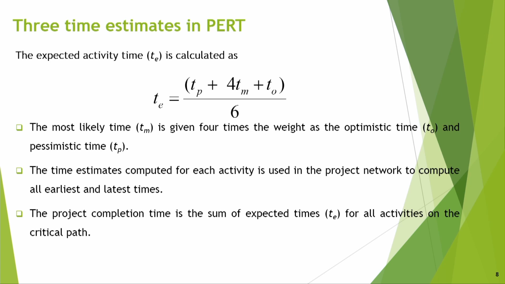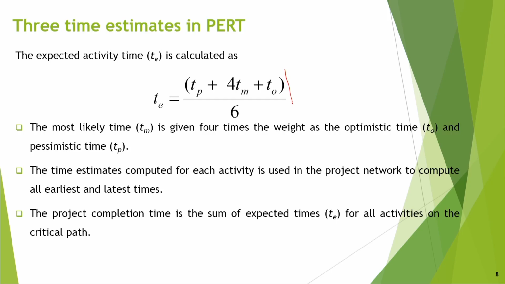So, we say Tp plus 4 Tm plus To by 6, and you understand that basically expected time is a mean time. We are taking just the mean or average of the things. The only difference is that if I take a simple average, I would have done Tp plus Tm plus To by 3, isn't it?